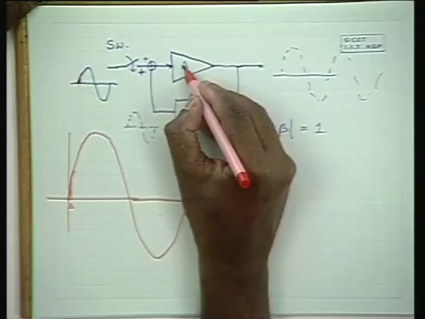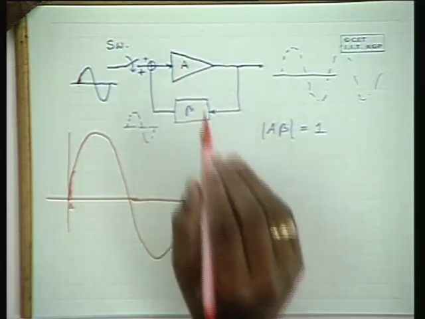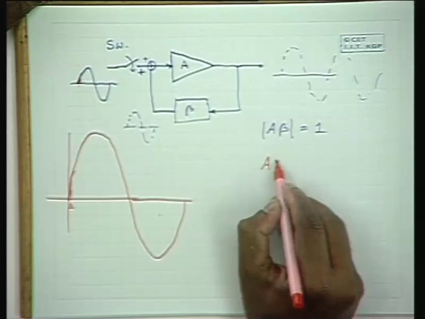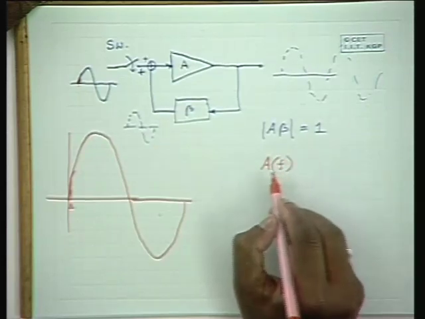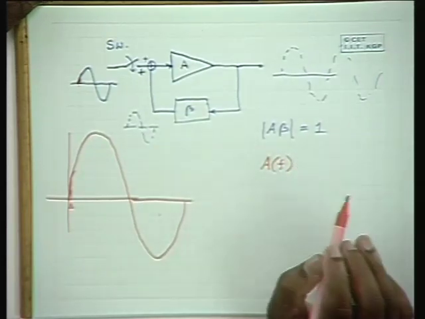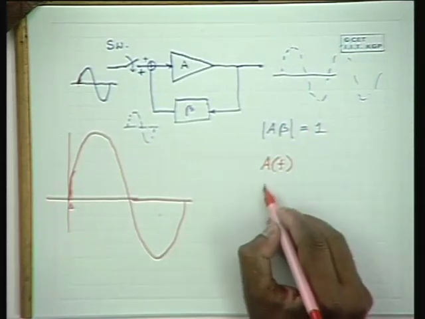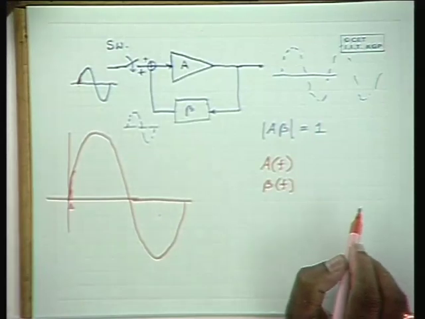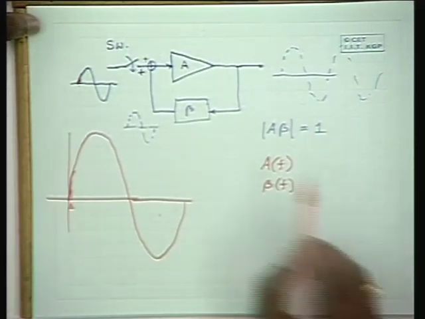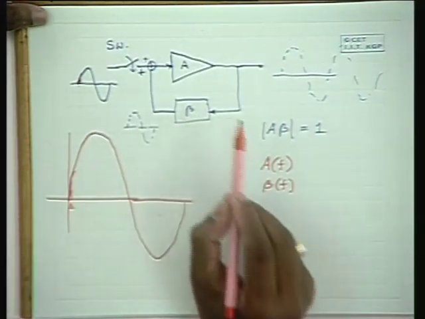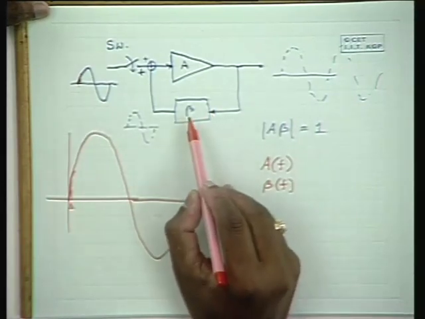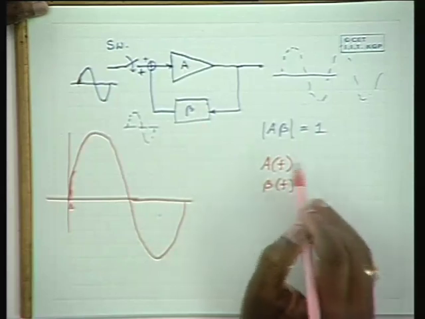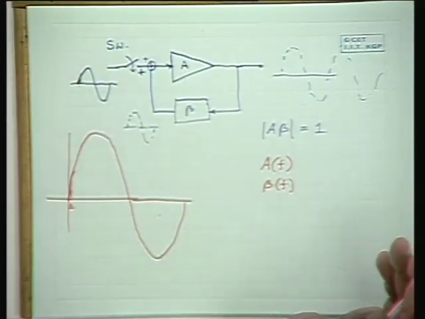Now, in general, the amplifiers have some frequency response, as I mentioned earlier. Therefore, it is not exactly A, but it is A(f). And beta also can have some frequency response, is frequency dependent. If the circuit consists of capacitors and inductors, then beta also varies with frequency.